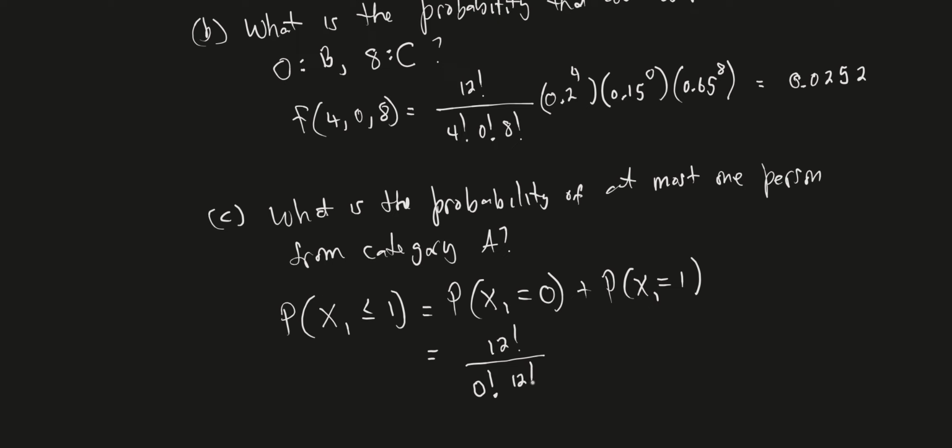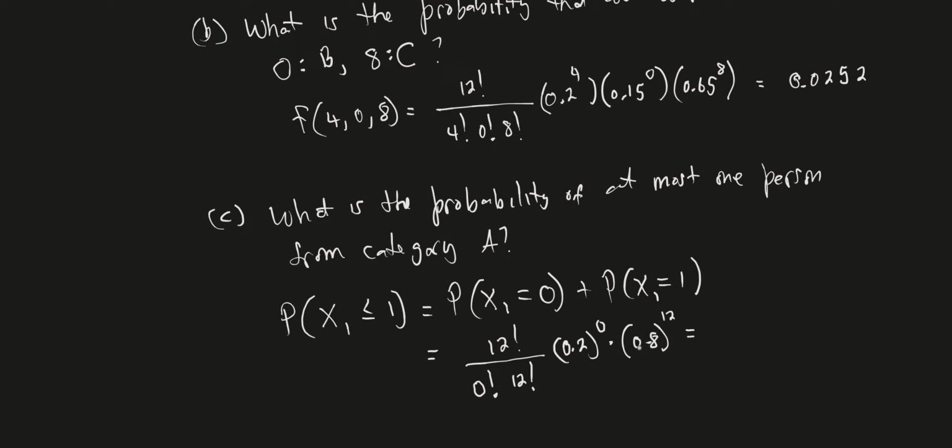Then the probabilities: it would be your 0.2 raised to the 0th power, multiplied by the probability that you're not in category A, which is 0.8, and you want all 12 to not be in category A. So you can see this is our binomial formula, and it works out.